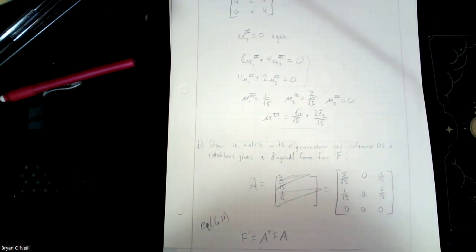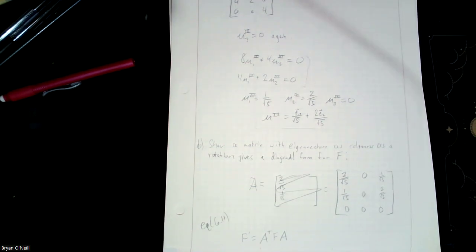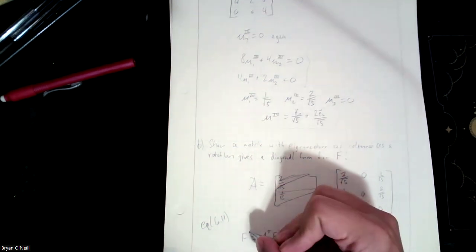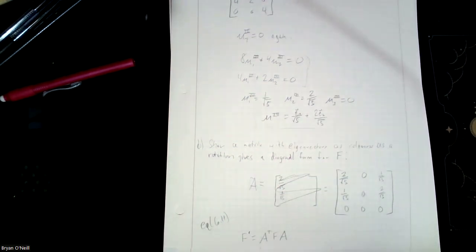It should show that there's a diagonal form at the end. From equation 6.11, we get F prime equals A transpose dot F dot A. I should make this prime a little more bold. Ignore the giant scribbled out part at the top.